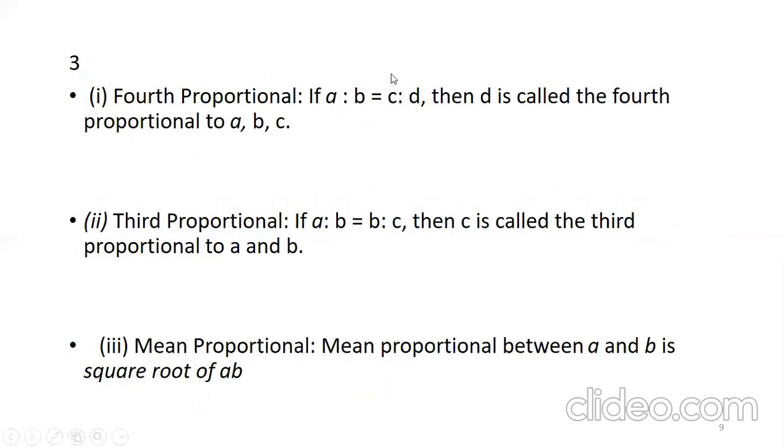See here, it's A is to B is equal to C is to D, but here A is to B is equal to B is to C. So here also B and here also it's B. So now C is called the third proportional to A and B. Now, the mean proportional between A and B is nothing but the square root of the product of A and B. So it's square root of A into B.